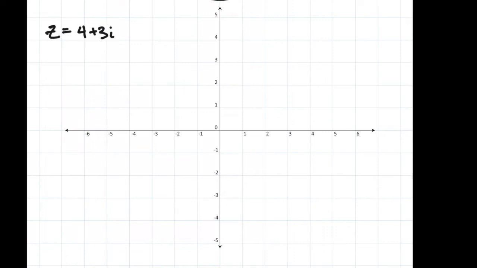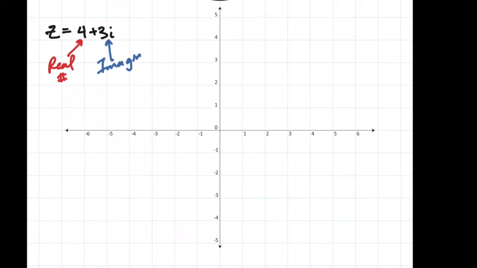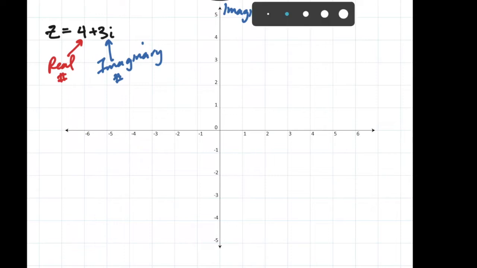Think of it as y equals, but now since we're using complex numbers, we are using z equals. So this is the real number, and this is the imaginary number. And remember that this is the imaginary axis, and this is the real axis.